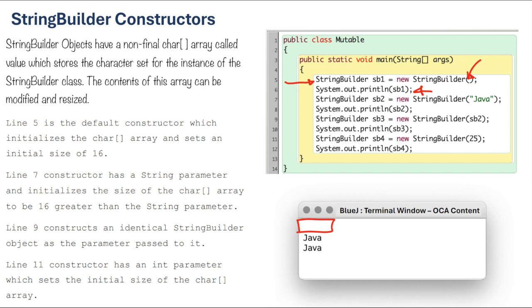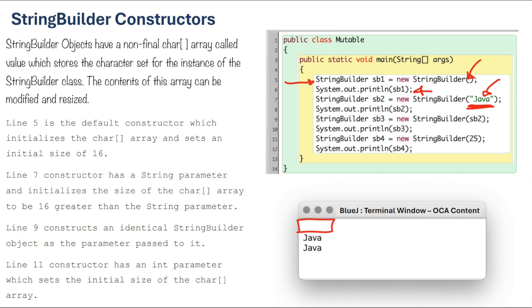Then we have a second StringBuilder object, SB2, and it's being initialized with a constructor that receives a string. So this will have a character capacity of the length of this string, which is 4, plus 16. So it will be a total capacity of 20 characters, but it will have 4 characters stored in it.